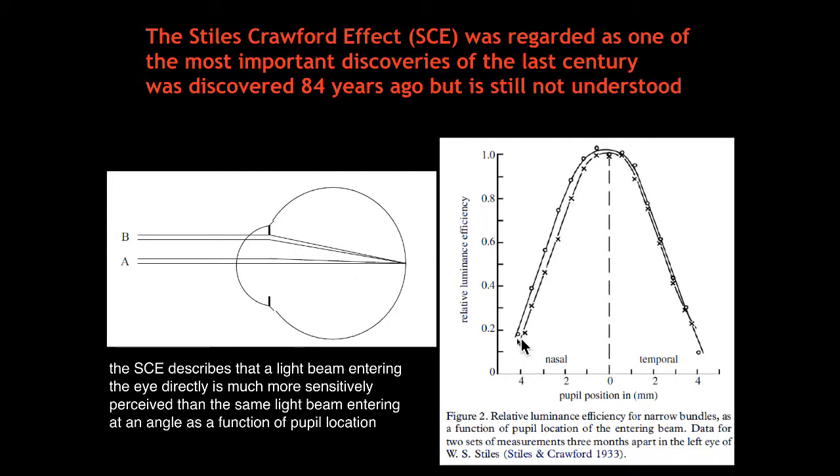And here you can see the relative luminance measurement in a human eye, and you can see that the sensitivity drops dramatically from the central part of the pupil to the margin of the pupils on both sides.